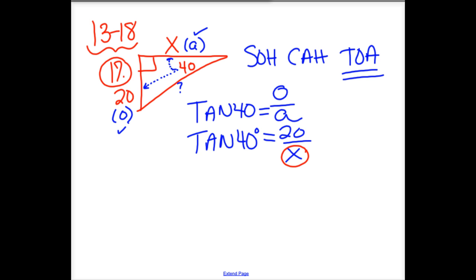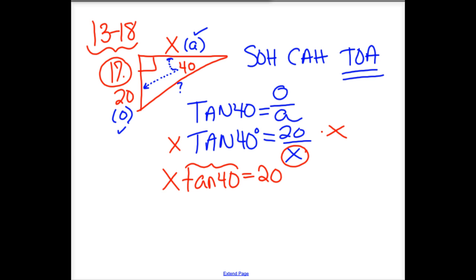To undo division by x, you multiply by x. And what you get is x times the tangent of 40 degrees is equal to 20. Keep in mind, this is a number. You could change it to a decimal on your calculator right now, but instead of rounding twice, we only want to round once.